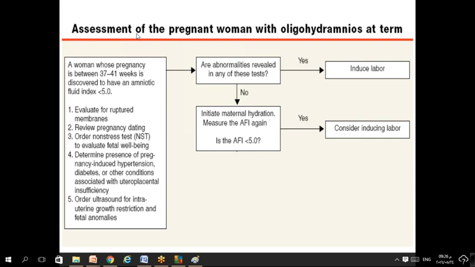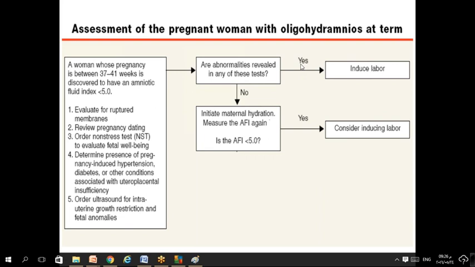Maternal disease that needs delivery of the baby, like hypertension, for example. Diabetes usually causes polyhydramnios, but sometimes if there is associated IUGR, it can cause oligohydramnios. So if you find an indication to deliver the woman, deliver the woman.